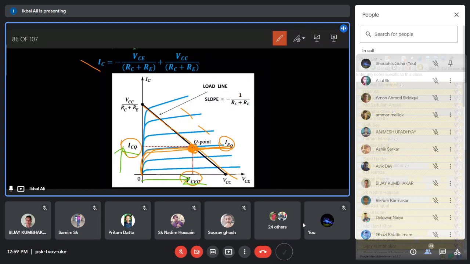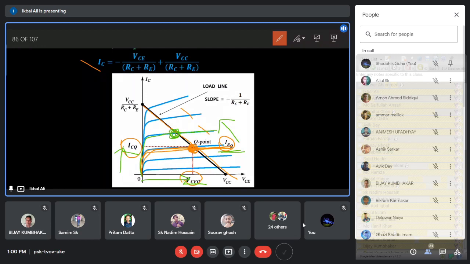This is provided the base current is fixed. At the input side, you have fixed the base current. If you change the base current, suppose you have increased the base current slightly, then suppose this is your characteristic curve for that base current. Then the Q point, or the intersection point, or the solution point will be this one.